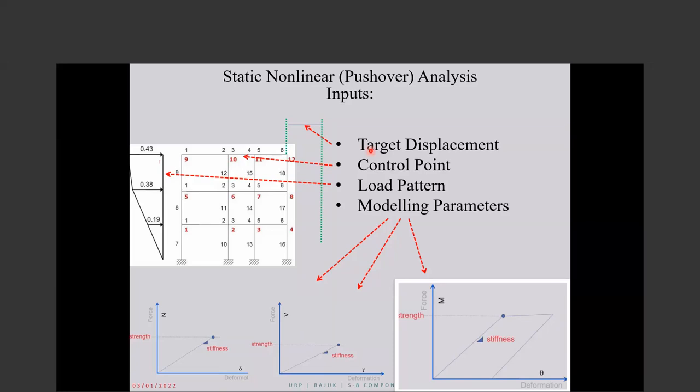So we expect that during pushover analysis, our software will push the building till the center of mass in the roof reaches the target displacement. That's the scenario, that's the idea: when you push the building nonlinearly to the target displacement, you have the status of the building in the earthquake, the maximum status of the earthquake.